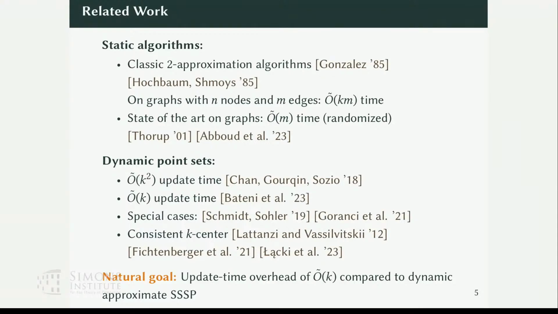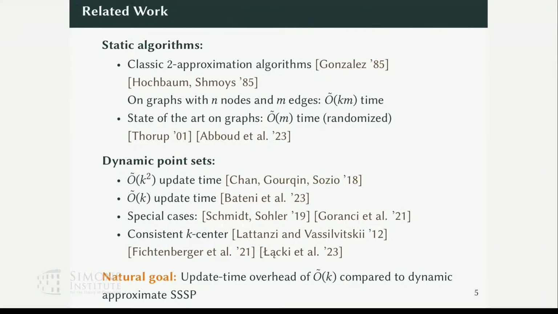So the natural thing that I would argue for is a fully dynamic, or partially dynamic, algorithm such that the overhead compared to an approximate single source shortest path computation is O(k) or tilde O(k). I would argue this is the natural first goal if you want to study this problem.